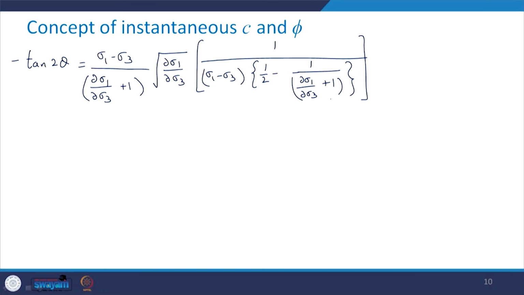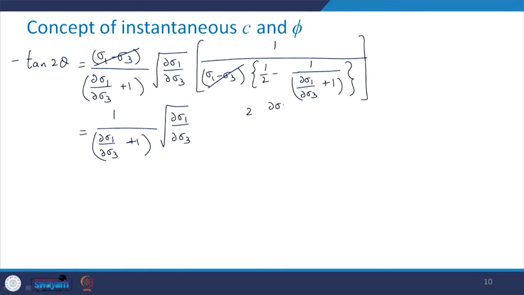So we are going to get this expression. So further you solve it. What will happen? Your sigma 1 minus sigma 3 will cancel with this, and if you further simplify this, what you are going to get is 1 upon del sigma 1 del sigma 3 plus 1 into square root of del sigma 1 del sigma 3, and this is 2 del sigma 1 del sigma 3 plus 1. This divided by, we will have del sigma 1 del sigma 3 plus 1 minus 2.